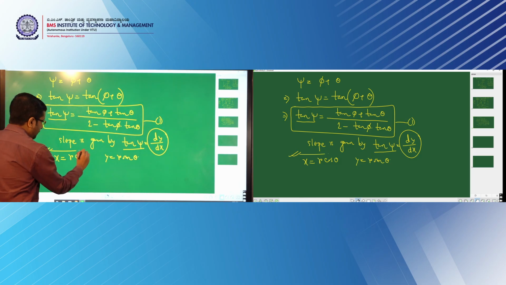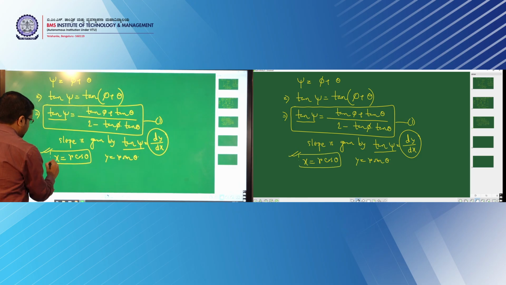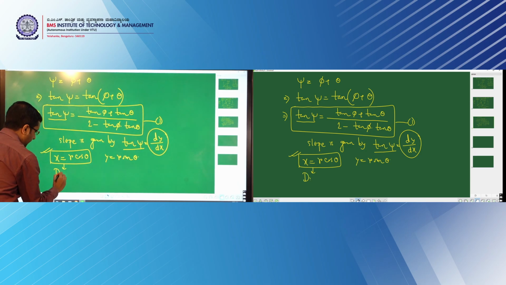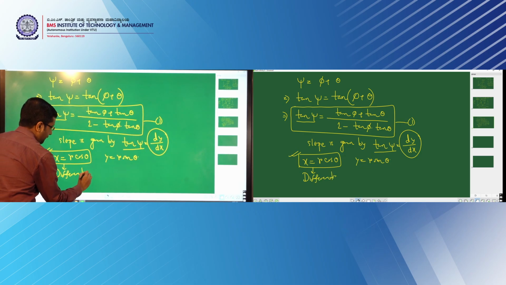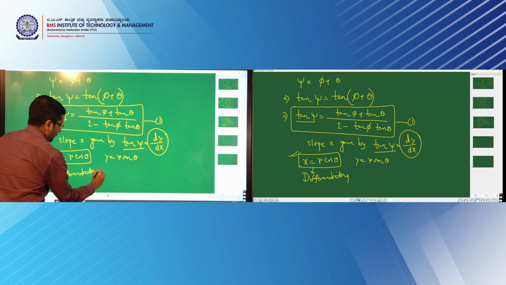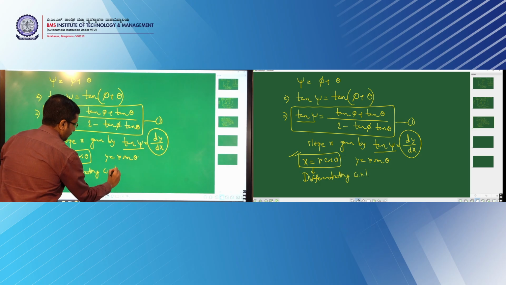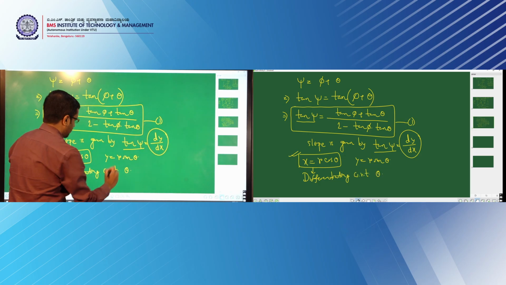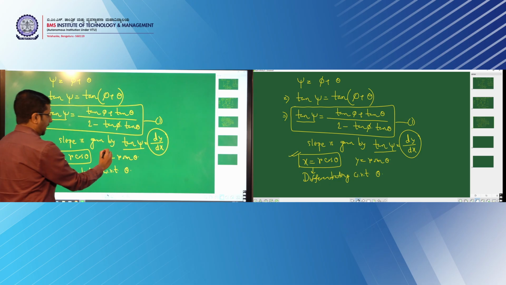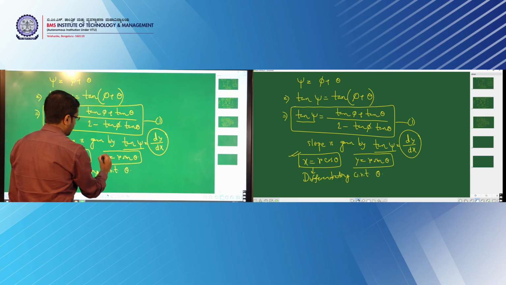Now first take x equals r cos theta. What we need to do is differentiate this with respect to theta. Both x and y I will differentiate with respect to theta.